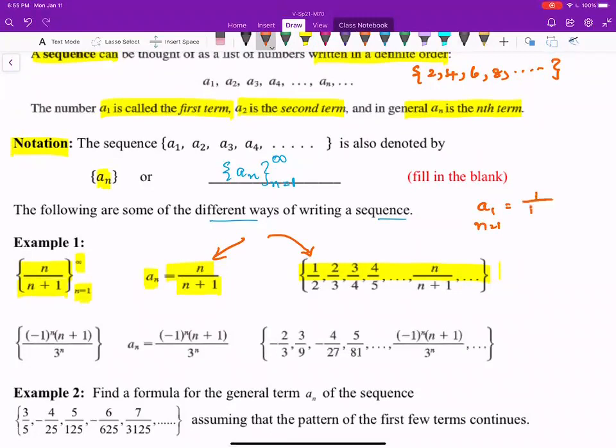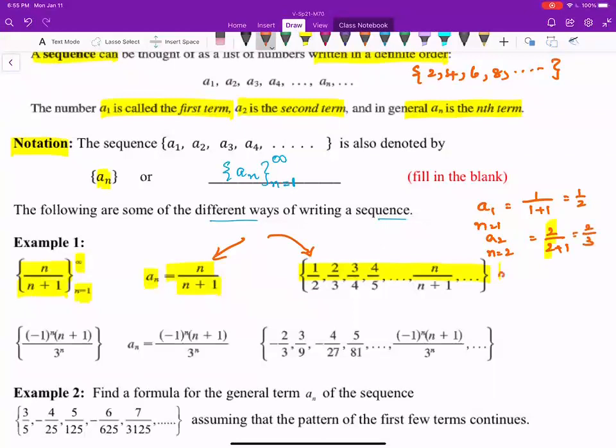So it is 1 over 1 plus 1, which is 1 half. a sub 2 is obtained by plugging in n equal to 2. So it is 2 over 2 plus 1, so n over n plus 1, where the n gets replaced by 2. So you get 2 over 3.